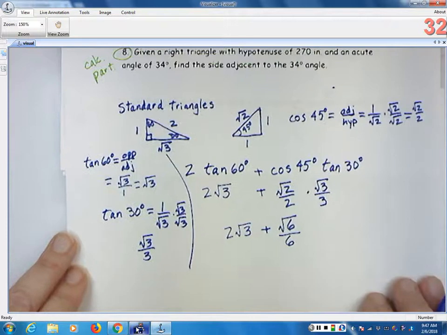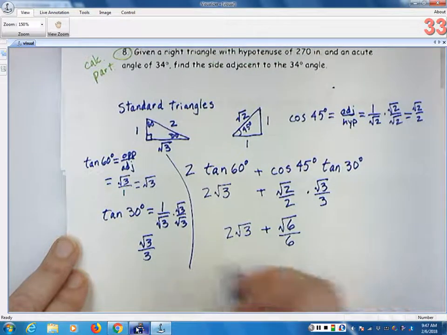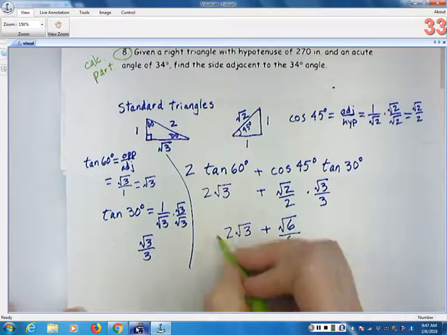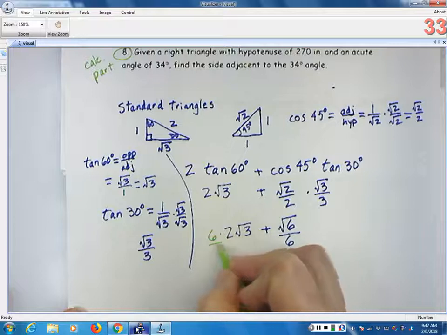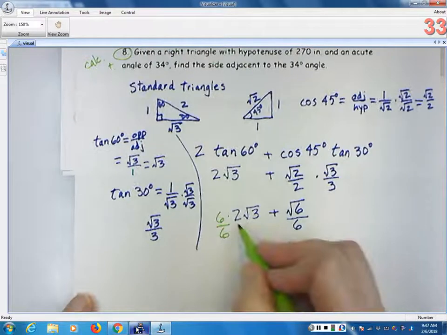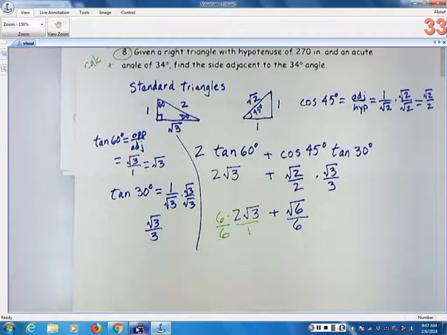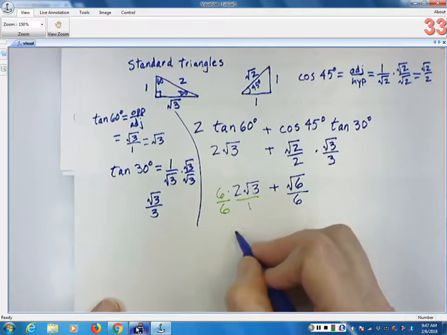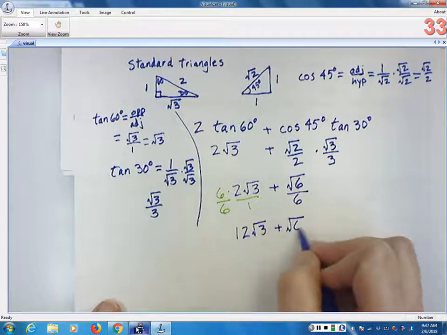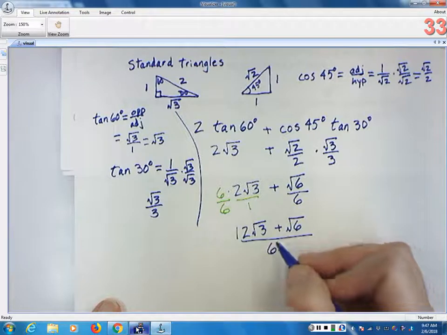Now you want to write this as a single fraction, so you want to make this over 6. So it's 12 square root of 3 plus square root of 6, divided by 6.